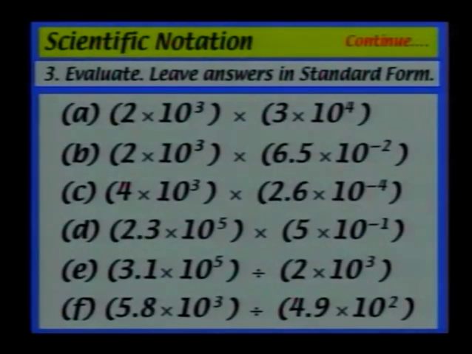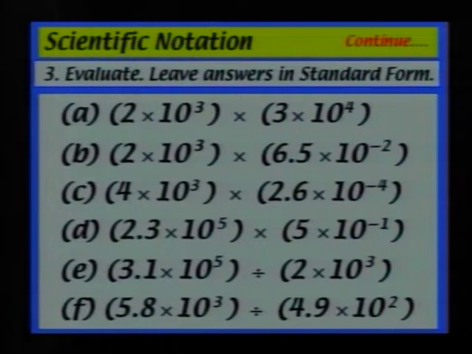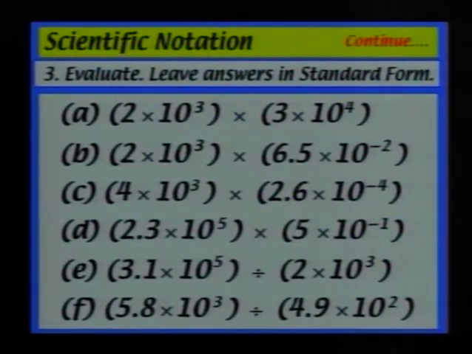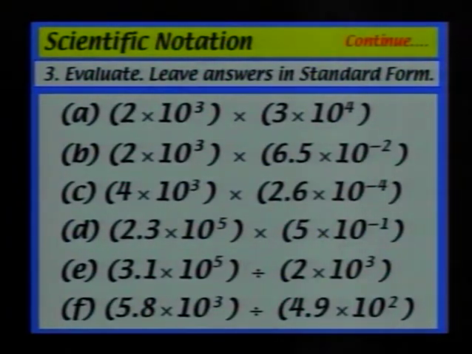You all agree? Okay. Letter F. 5.8 times 10 to the power of 3. How many people added instead of dividing? Okay, those who divided? No one divided? Okay, first, see if you can give us the answer if you added 5.8.